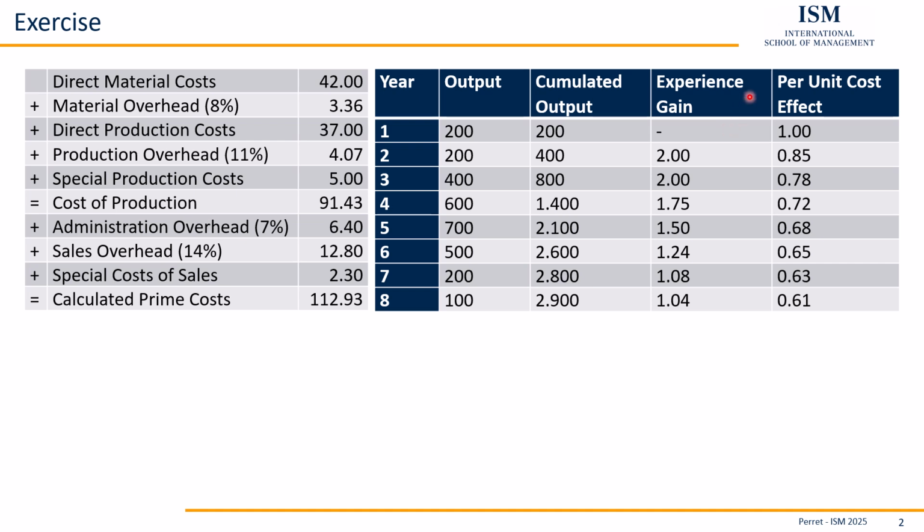When we talk about experience gains here, we talk about experience in the production process. So in this regard, we're talking here about process innovations. Those factors will only apply up to here. They not necessarily directly apply to administration and sales. That would be rather marketing and organizational innovation.